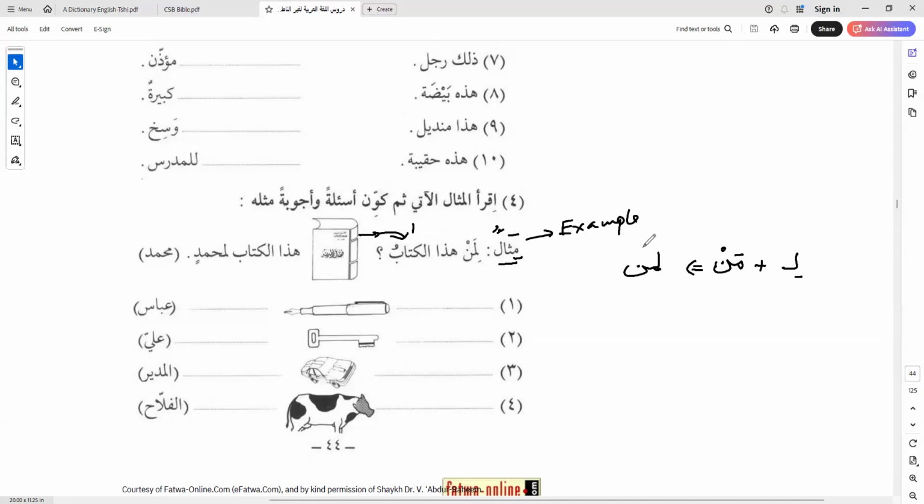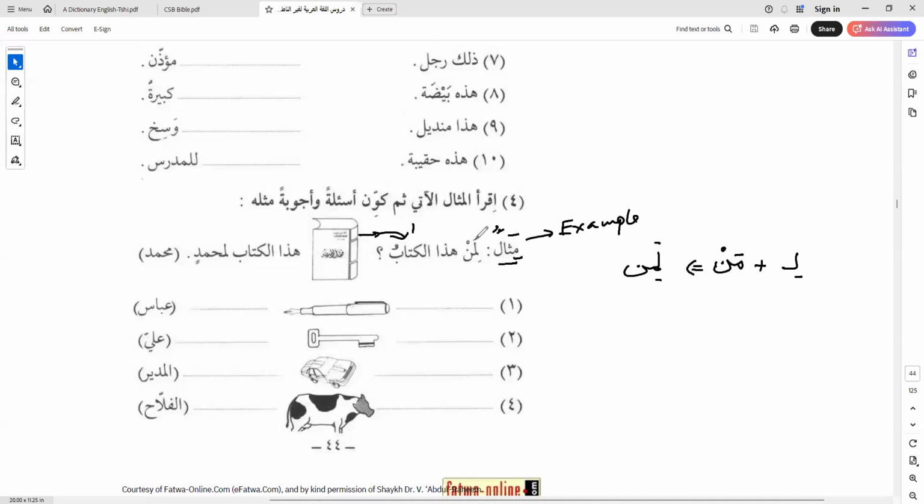It is based on what we know, because the lam is kasra, li, and then the meem is fatha, ma. So from that we can see that the fatha at the top belongs to the meem here, and then the kasra here belongs to the lam.